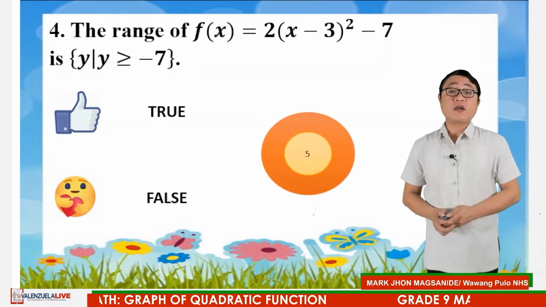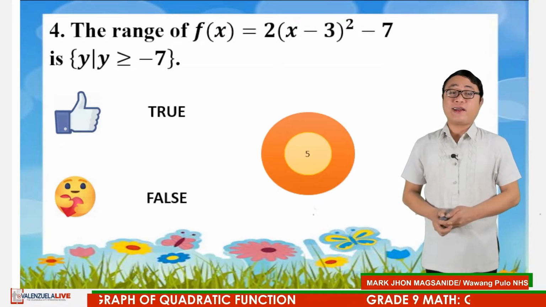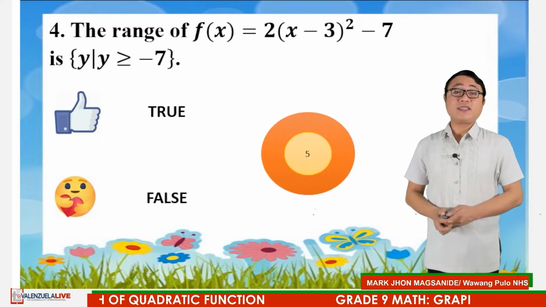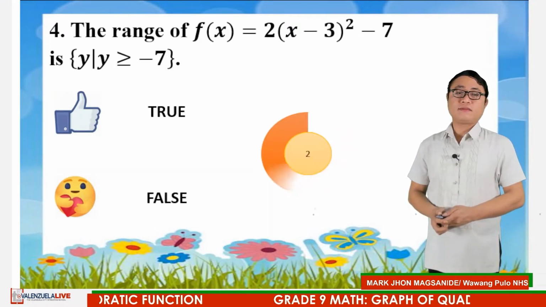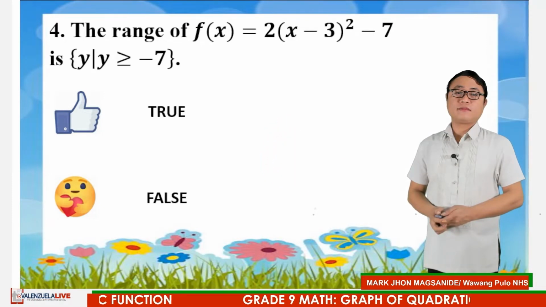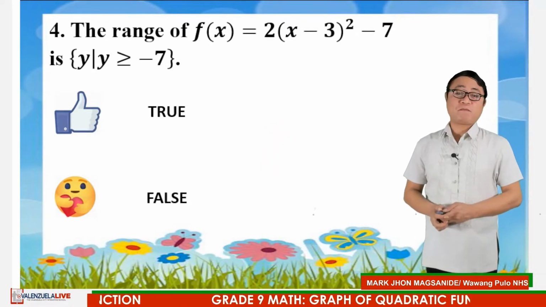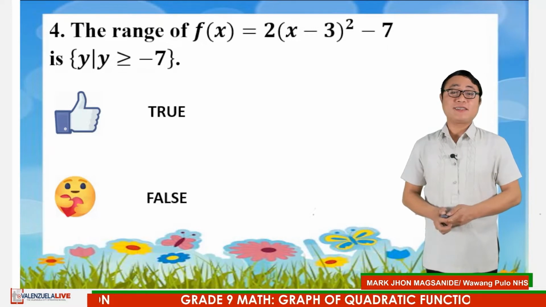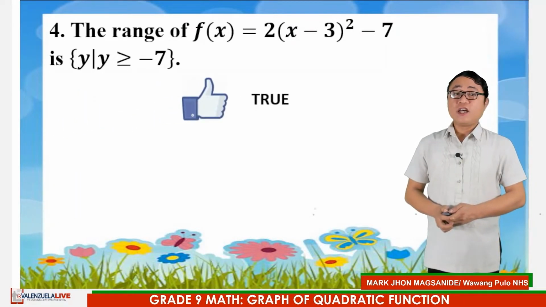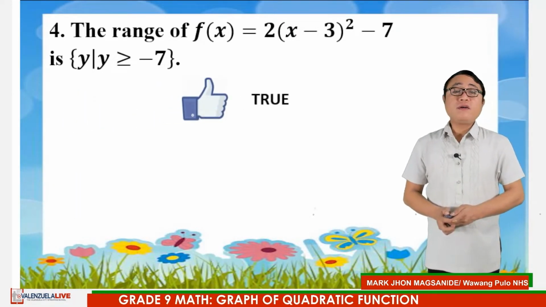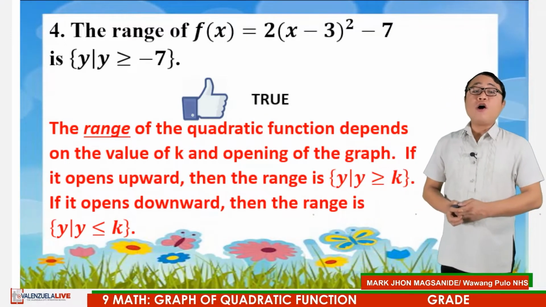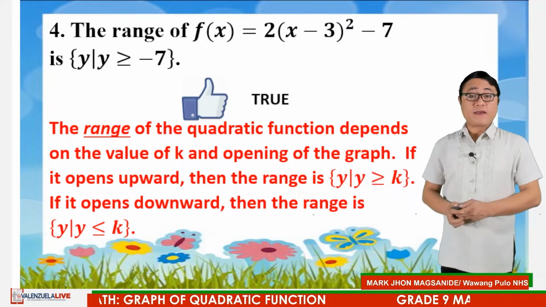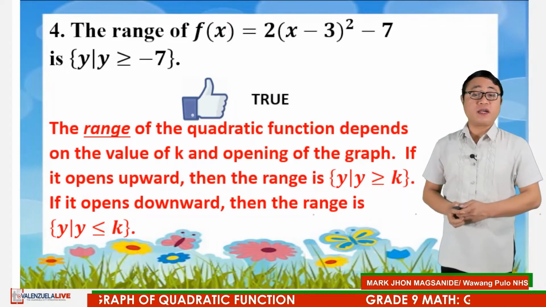5 seconds. Like or care? Timer starts now. Time is up. So the answer is like. It is true. The range of the quadratic function depends on the value of k and the opening of the graph.